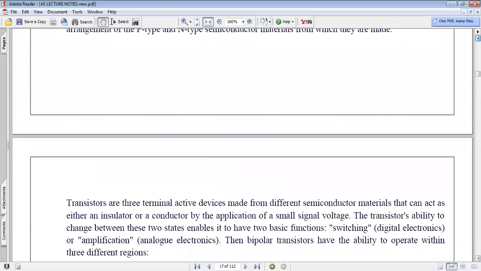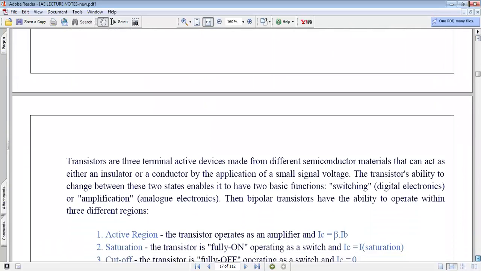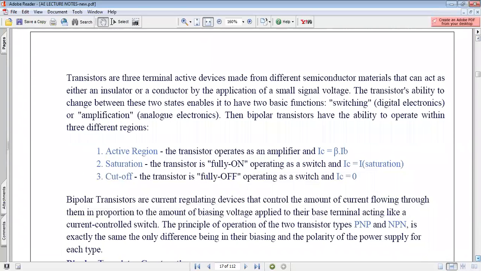Then, after the three layers, it works in three regions. One is the active region, then the saturation region, and then the cutoff region. In active region, the transistor operates as an amplifier. It amplifies the small signal into a relatively large signal.